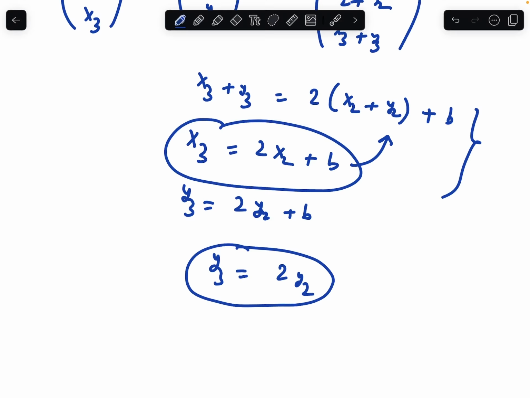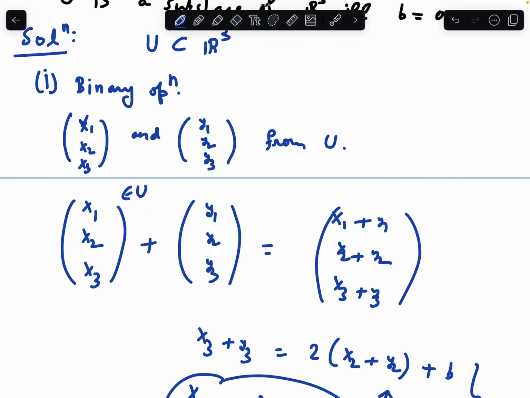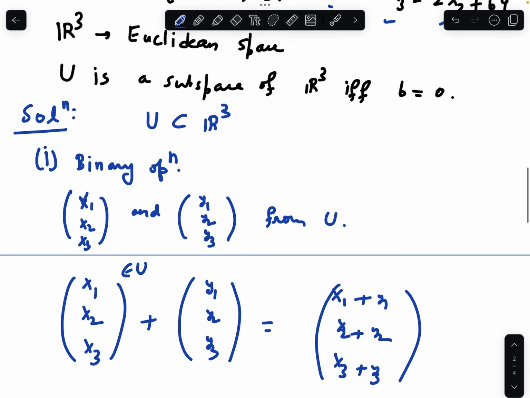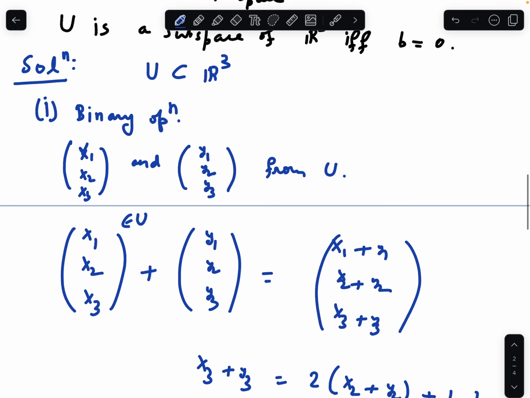But we have y3 equal to 2y2 plus b. So using these two, we get b equal to 0. So for the binary operation to make sense inside U, we need to have b equal to 0, right?